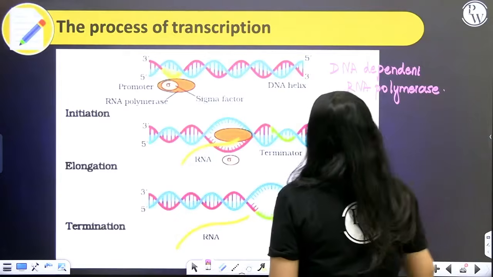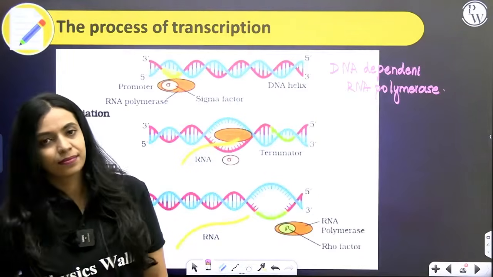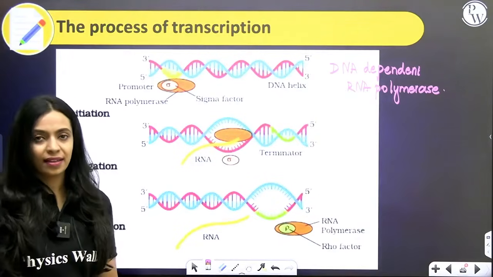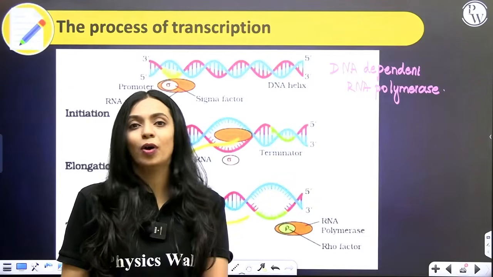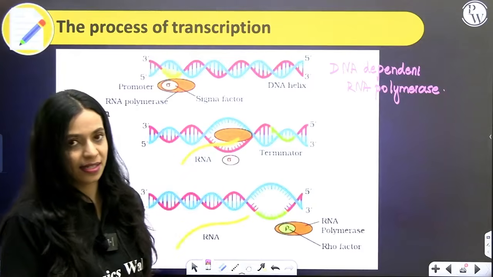Over here, the template is DNA, so it's dependent on DNA. The enzyme is RNA polymerase because RNA is being polymerized, RNA is being synthesized.